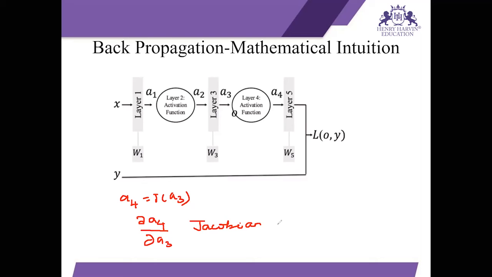We multiply the row vector from the left onto the Jacobian matrix. So when we backpropagate, it is dou L by dou O into dou O by dou A4 into dou A4 divided by dou A3, right?